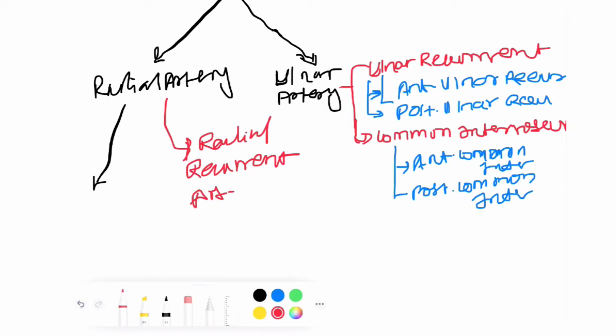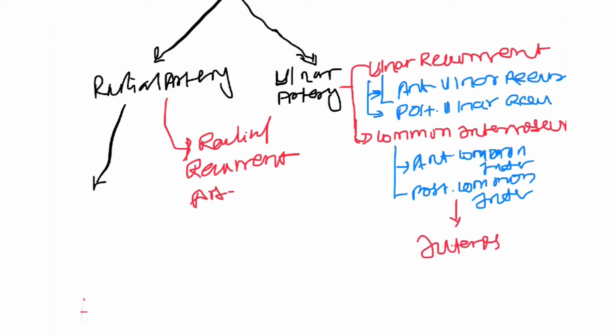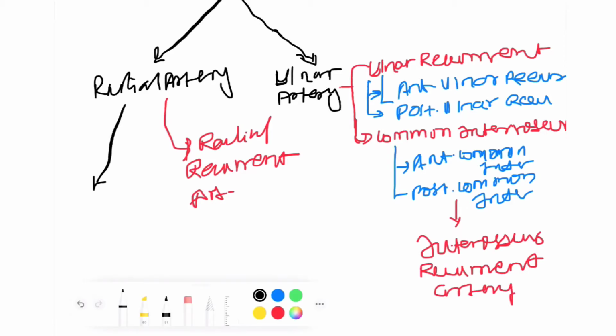From the posterior common interosseous, one branch comes out, the interosseous recurrent artery. So these are the branches of the ulnar artery.